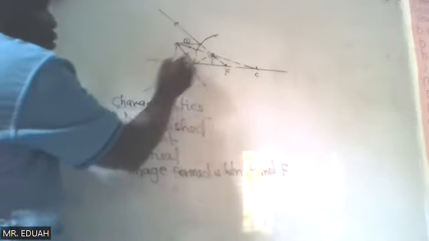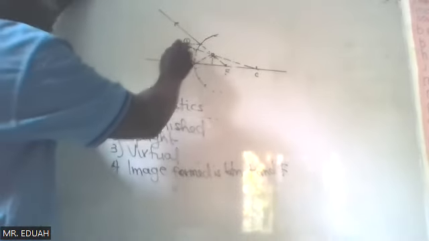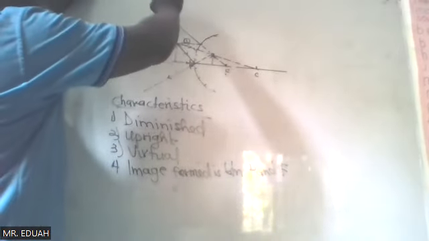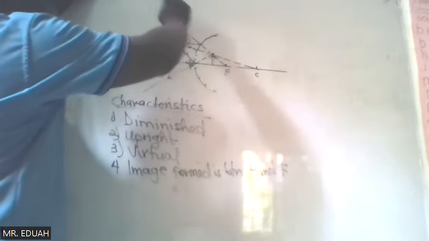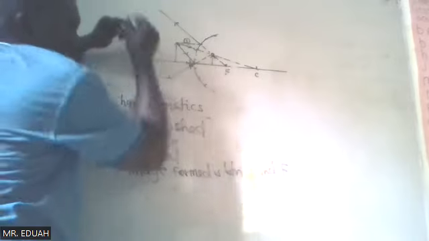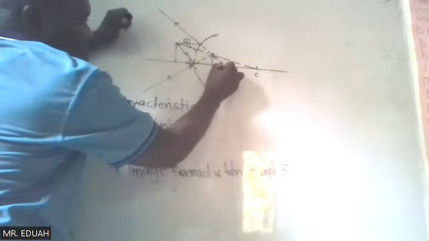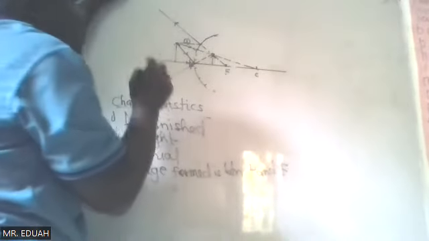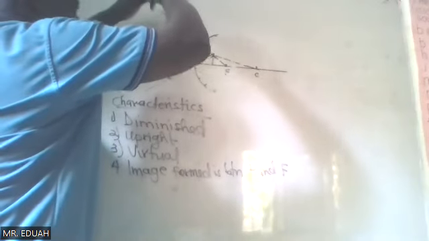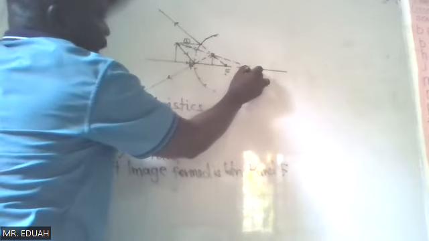I applied one, a ray parallel to the principal axis. After reflection, it will be diverted, but the diverted ray appears to pass through a point on the principal axis, and this is F. Then two, I also use the rule that a ray of light hitting the mirror perpendicularly reflects along the same path and passes through a point on the principal axis, and that is C. So this is the second rule.